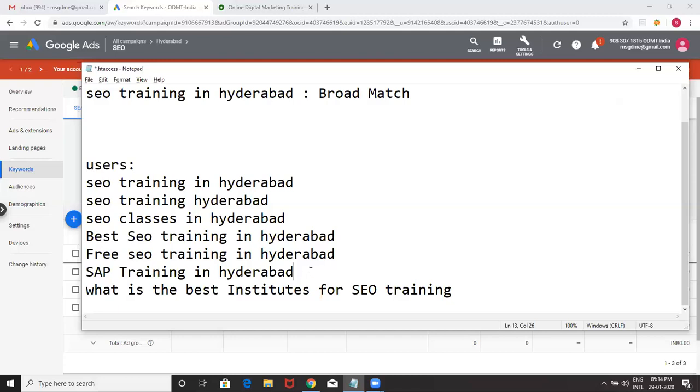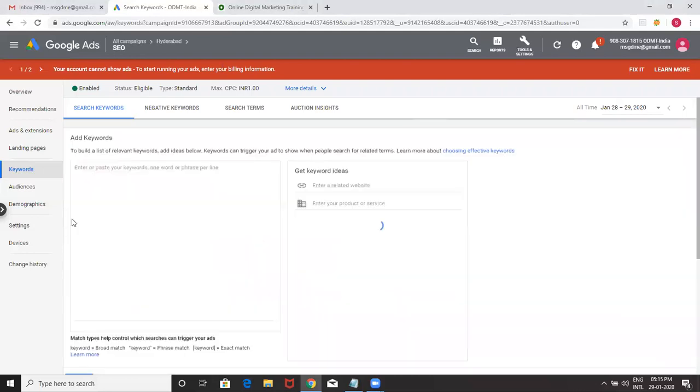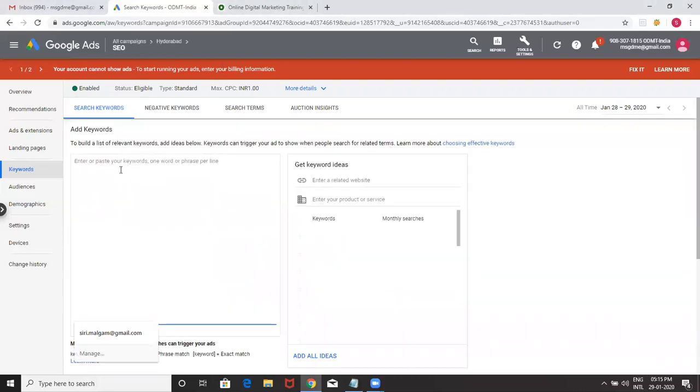Previously it was like this. Now they did it in such a way that you don't have to use broad match. Now you have to use phrase match. Here you want to add new keywords, and here is how to use phrase match. You have to use inverted commas.